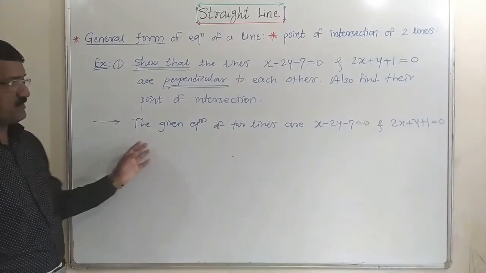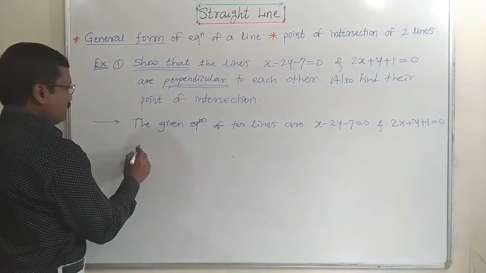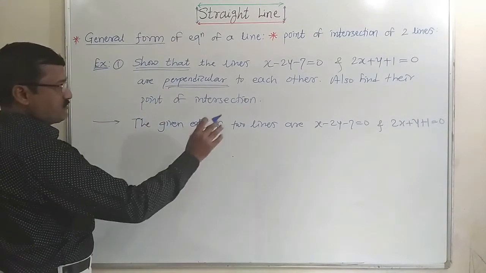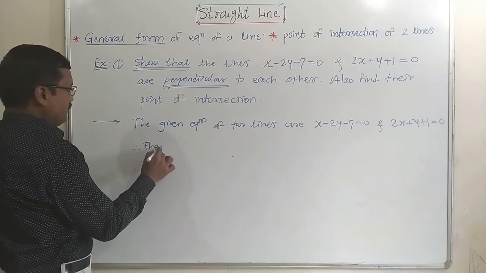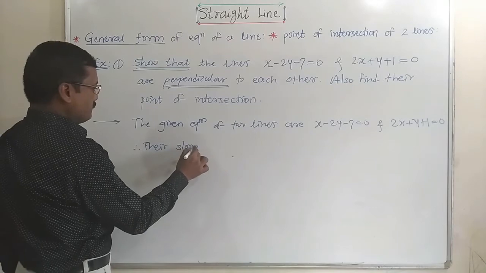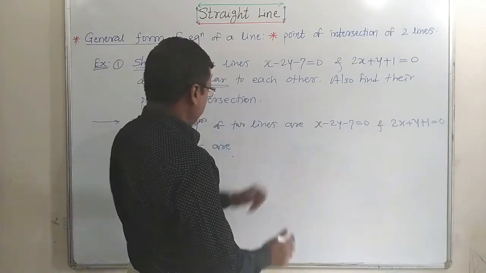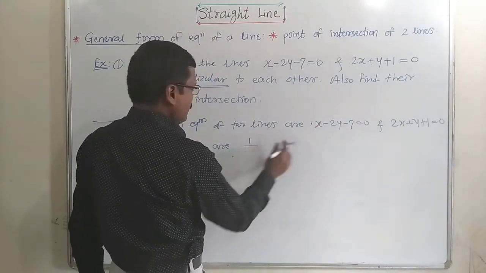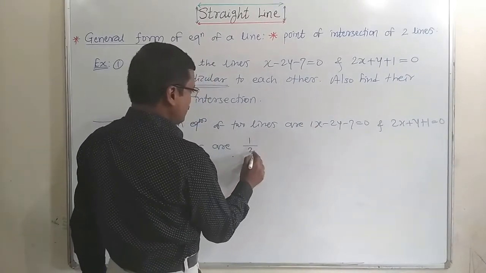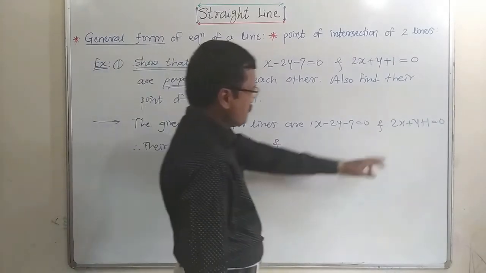Can we write the slopes of these two lines directly? Obviously. The coefficient of x is 1, the coefficient of y is minus 2, its negative is plus 2.